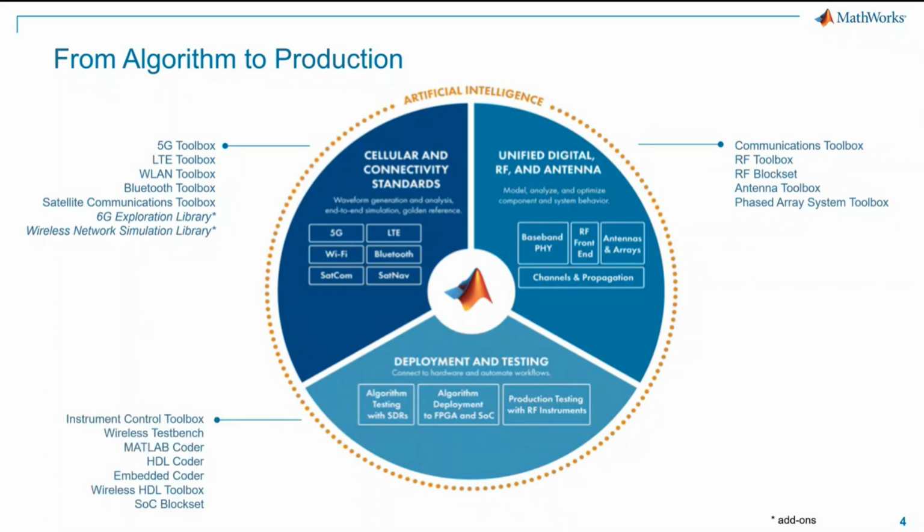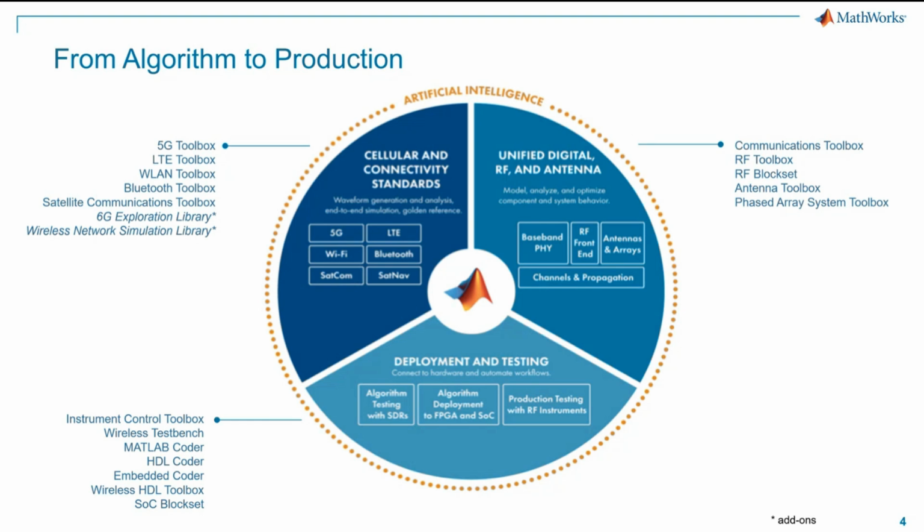Lastly, when we're happy with our algorithm and we've analyzed any impact of, for example, RF or power amplifier nonlinearity on our waveforms, we might be ready to start prototyping and deploying it.